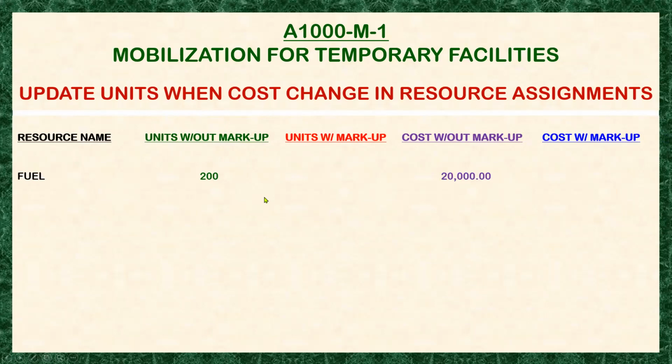And then when we ran the markup cost, we arrived at this amount, right? So that means the budgeted cost of the fuel increased due to the markup costs. Therefore, the units should be expected to increase, right?